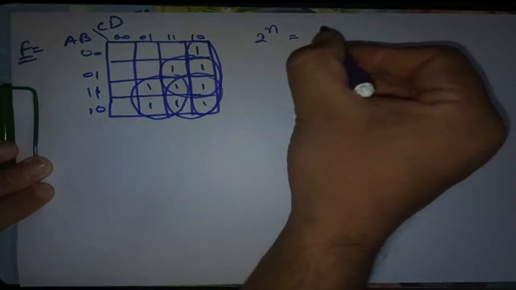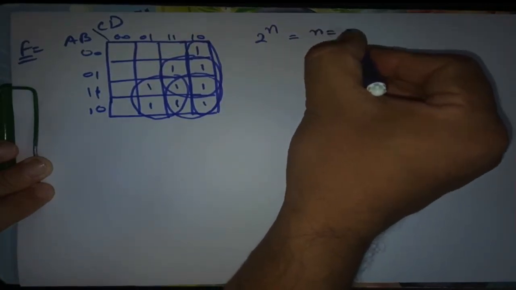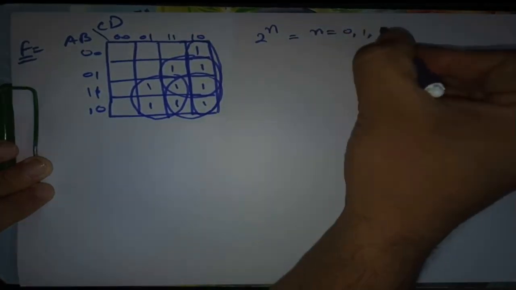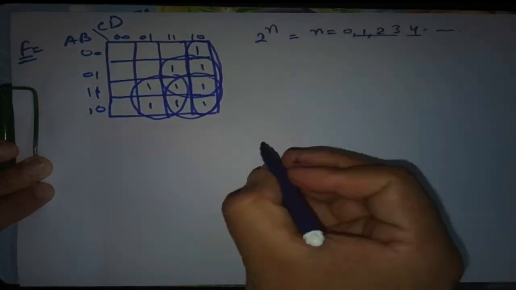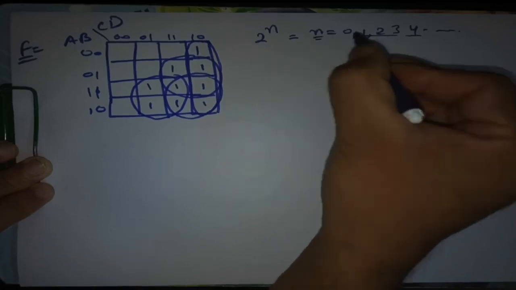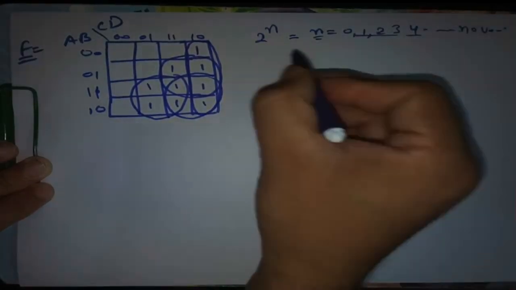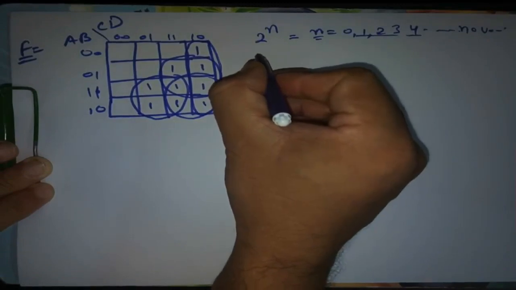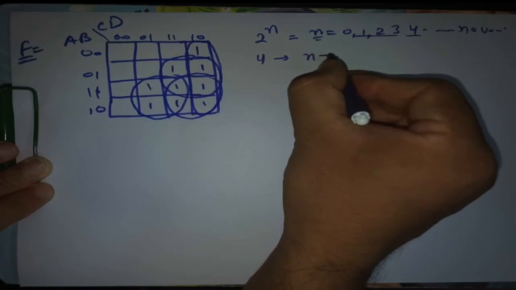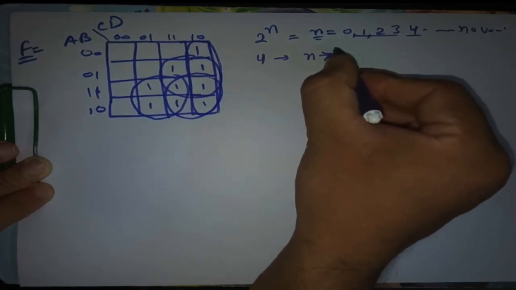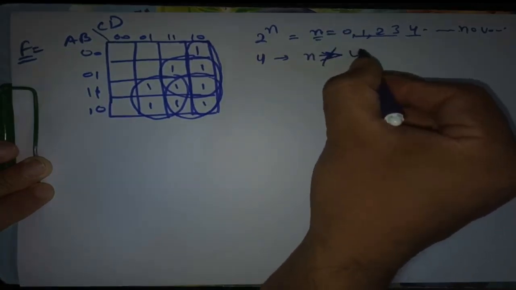That means n can be 0, 1, 2, 3, 4, and the value of n totally depends on the number of variables. That means if we have four variables, n cannot be greater than 4.